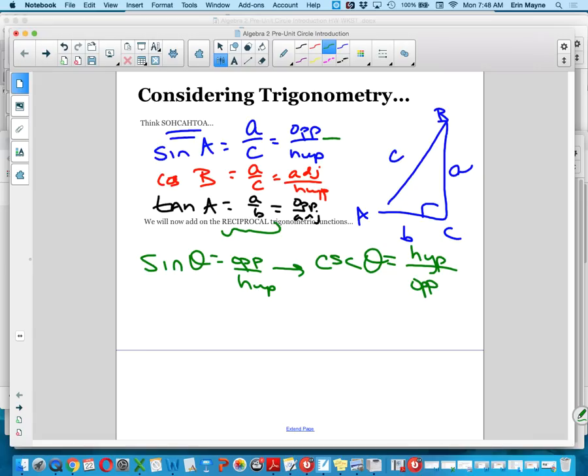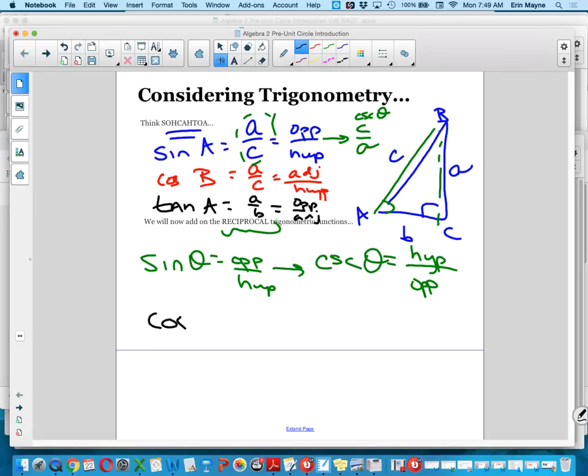So if we were to go up to angle A here and say, hey, what's the cosecant of the angle? We would literally just take the reciprocal of that and say, oh, okay, well, if I take angle A, its hypotenuse is C and its opposite is A.